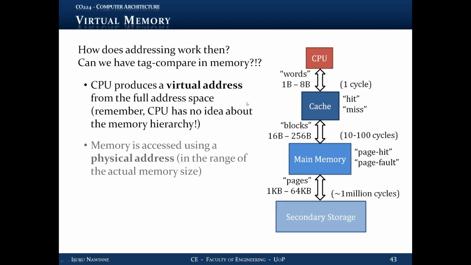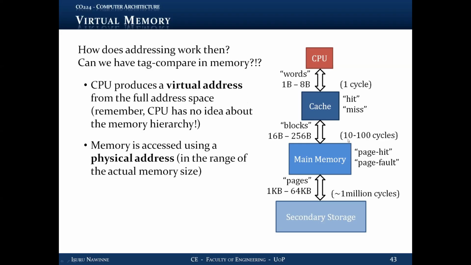Memory, on the other hand, is accessed using a physical address. Memory may be something like 4 GB or 8 GB in size. So the address that you need to access the memory is a physical address in the range of the actual memory size, right? So the range of addresses that can be available in the memory is very small.